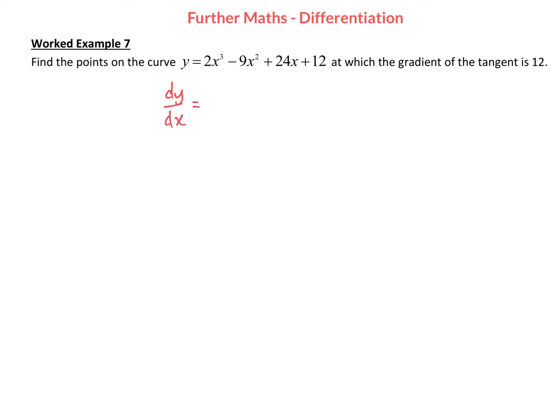So first thing, let's differentiate. 2x cubed differentiates to get 6x squared, minus 9x squared to minus 18x, 24x differentiates to give 24, and 12 differentiates to give 0. So that's the formula for the gradient at any point x. Now we want to find when the gradient is 12, so let's put the gradient equal to 12.